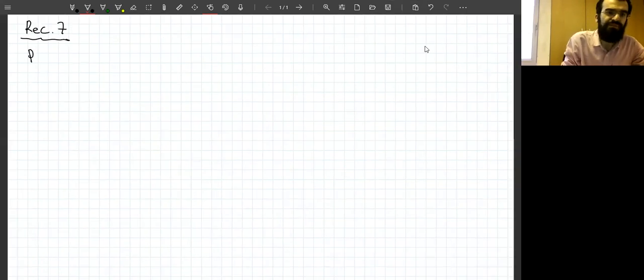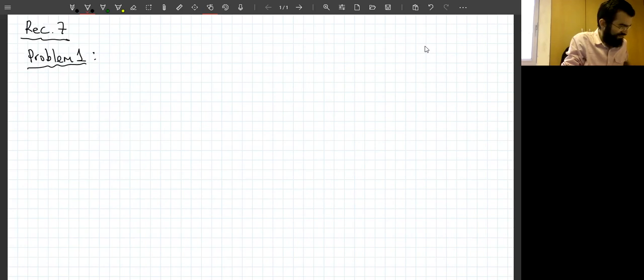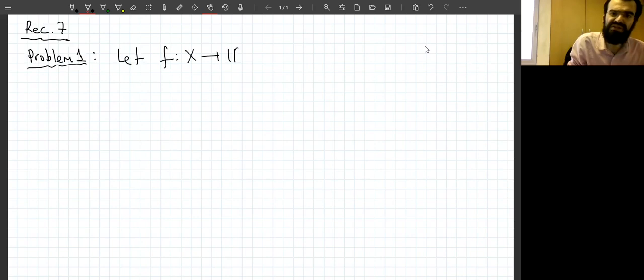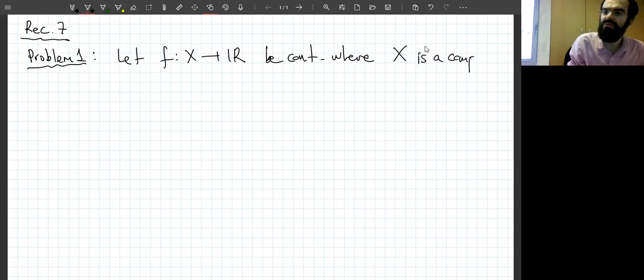Problem 1. Let f from X to R, the real numbers, be continuous, where X is a compact metric space.